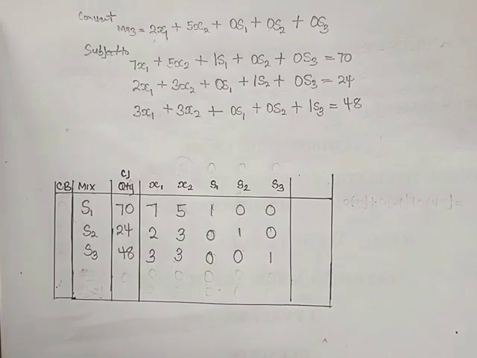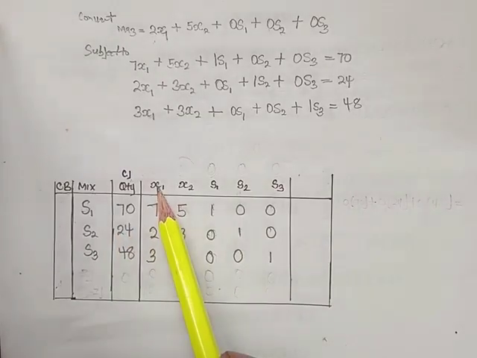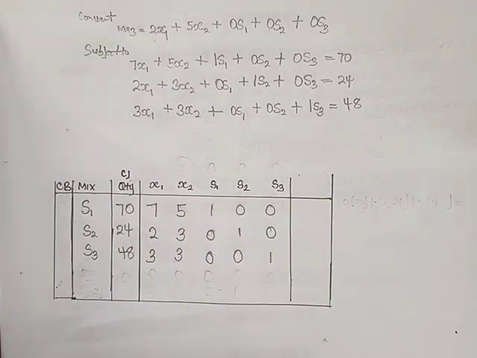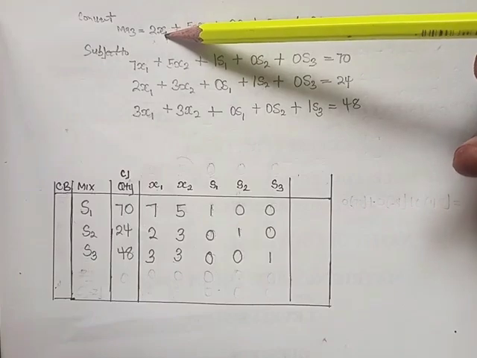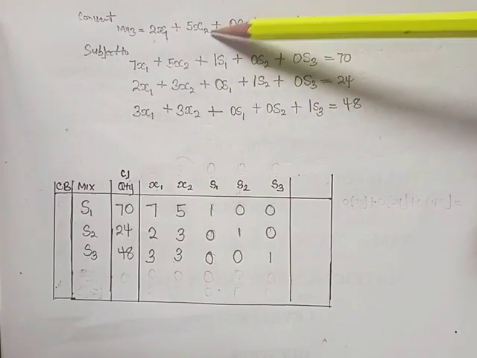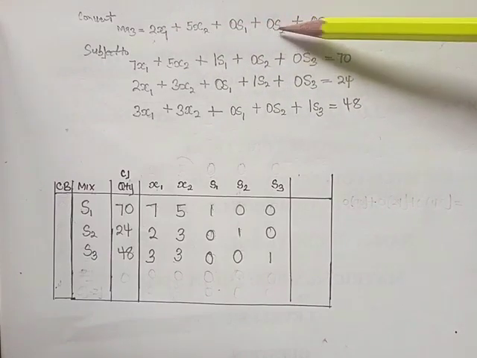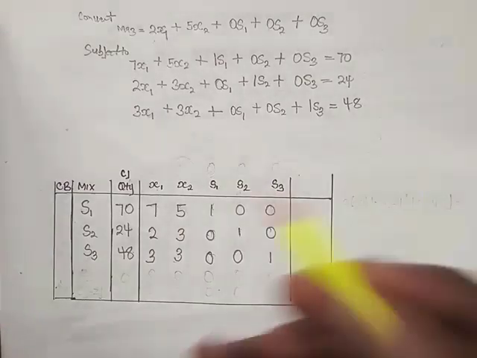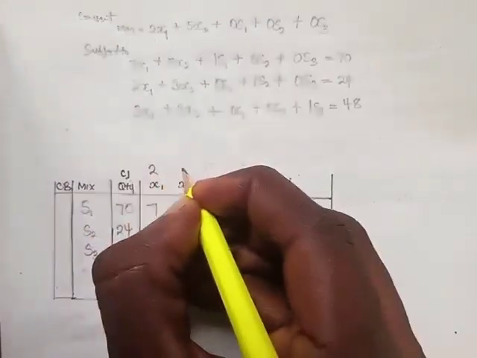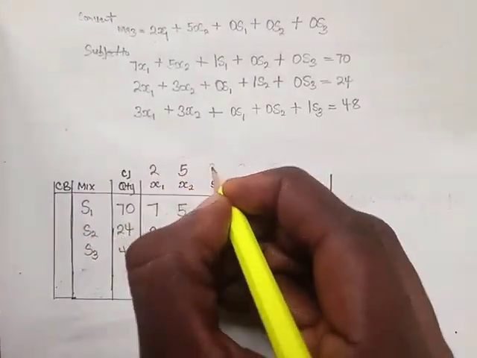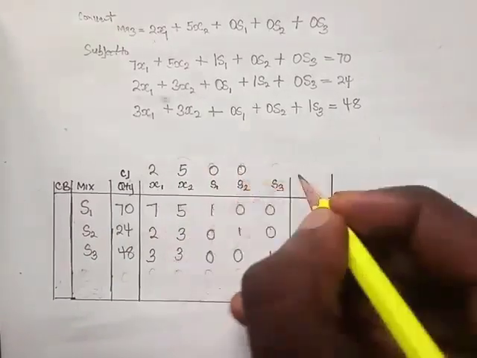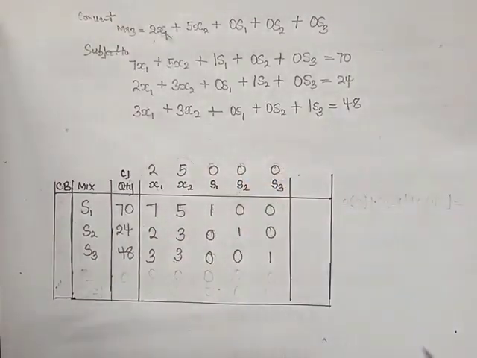Now, for the objective function, we want to check for x1 and x2 under the objective function. For x1 it is 2, for x2 it is 5, for S1 it is 0, for S2 it is 0, and for S3 it is 0. That is the Cj, the coefficients of the objective function.